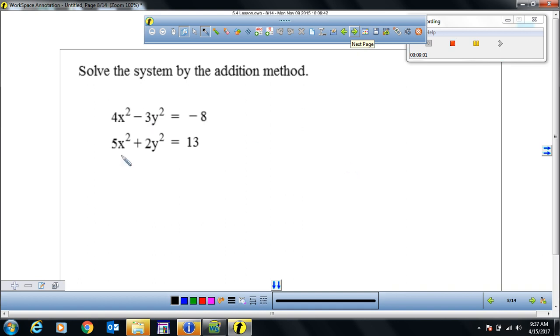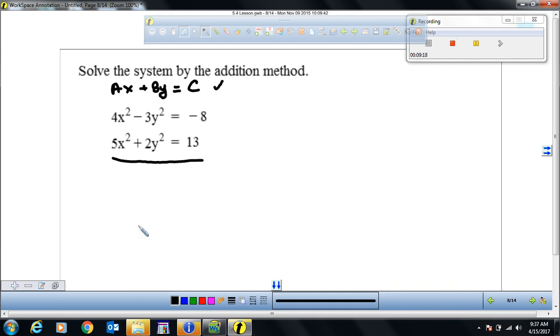Now, to solve it by addition, remember that the first thing in the procedure is that we need to make sure that both equations are in the form ax plus by equals c, which in this case, both of them are, right? Second, in order for us to cancel out the x's or the y's, let's say we're going to cancel out the y's in this one.